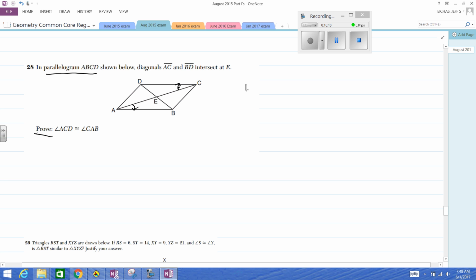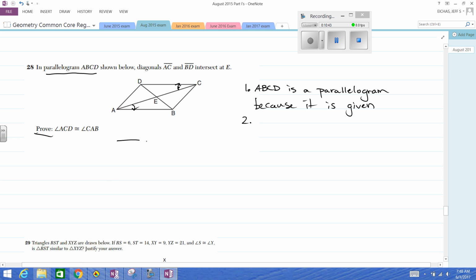So what I'll start with first: ABCD is a parallelogram because it's given. Now, basically the question here is, do you know which pair of opposite sides need to be parallel for us to use the alternate interior angles theorem?